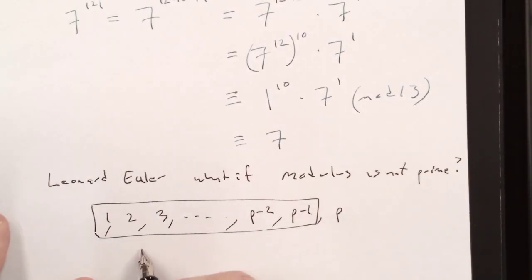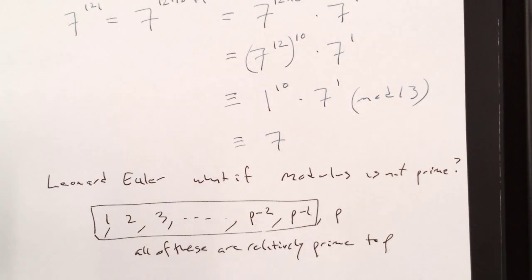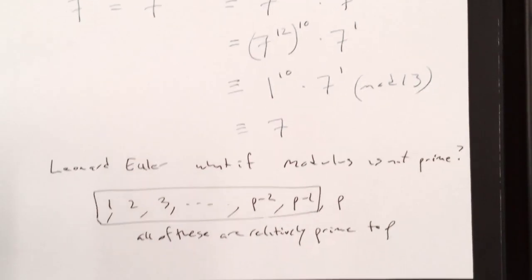So all of these are relatively prime to P. But if you're dealing with a number that isn't prime, then only some of those numbers will be relatively prime.